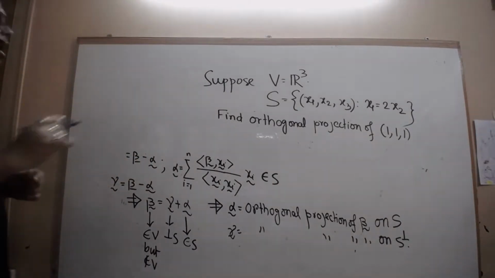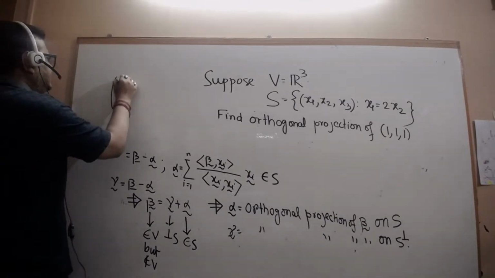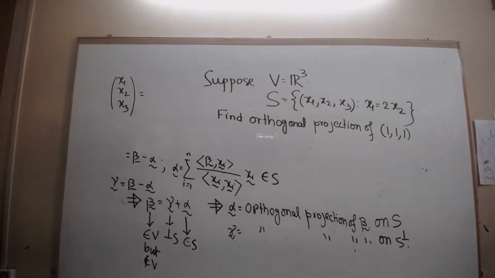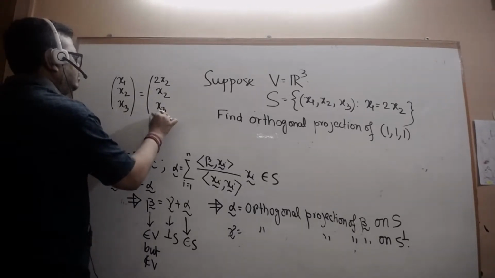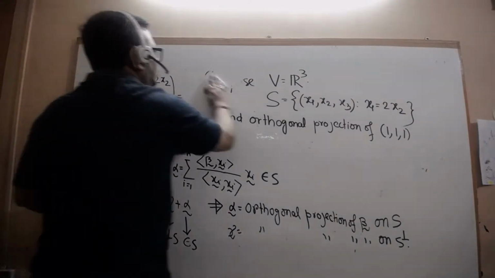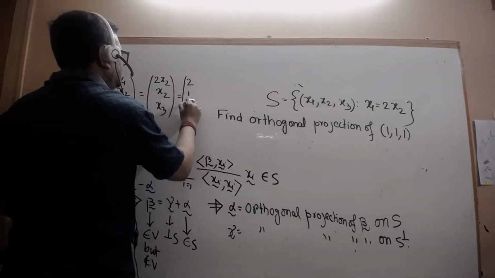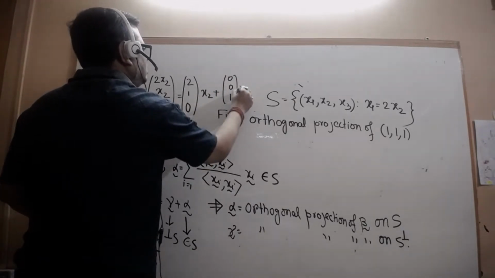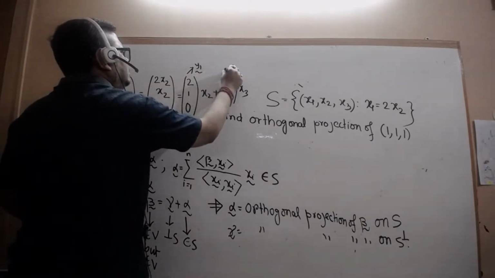So for this, first I find the basis of S. So we write this as, if this vector belongs to S, then it should be, and we write this thing as, hence let this be y1 curve, this is y2 curve.